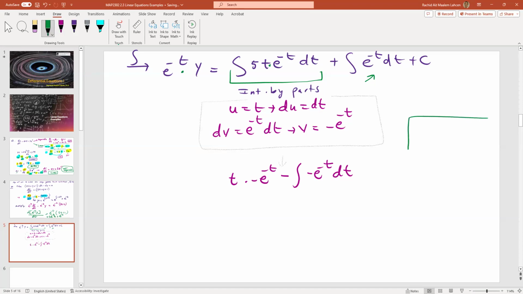Of course, we've done this now a few times. So this is the formula for integration by parts. Okay, so this is now just this integral here. Let's call it I. That's what we're working on.